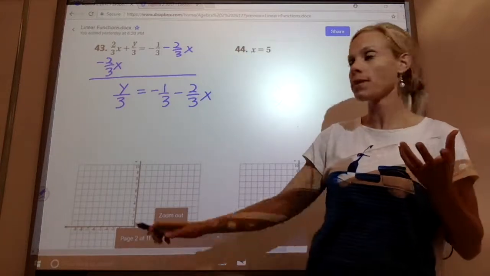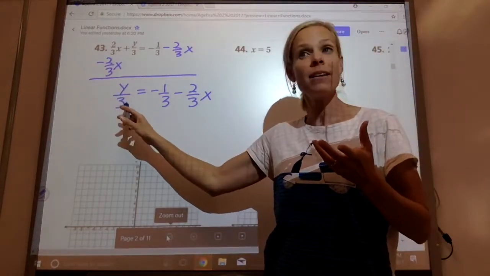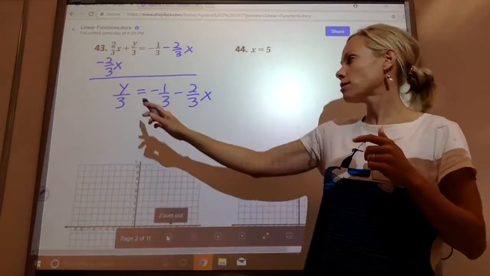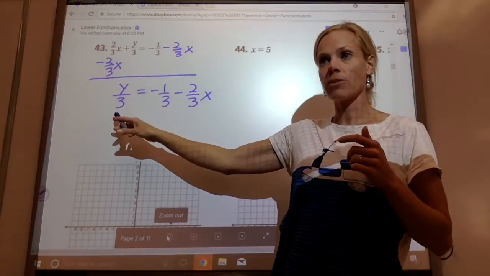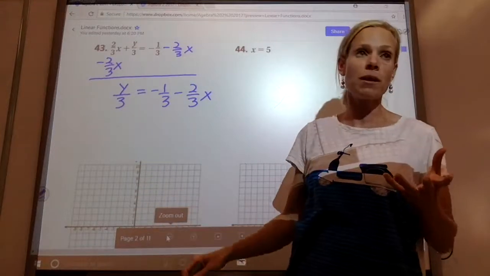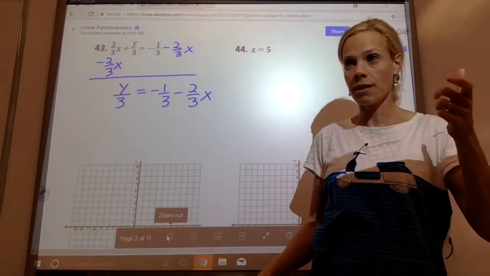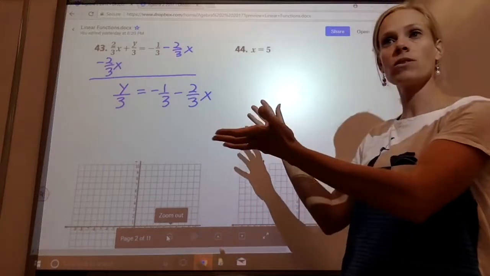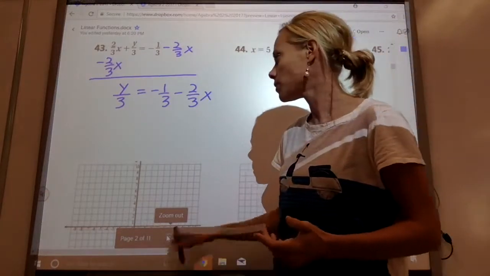What am I going to do? If I'm taking y divided by 3, what? Very good. This is y divided by 3. So in this case, I'm going to multiply by 3, the opposite. Okay? It's most of the time those 2 steps, but there's scenarios like this where it doesn't work.